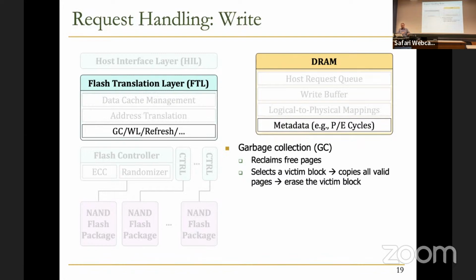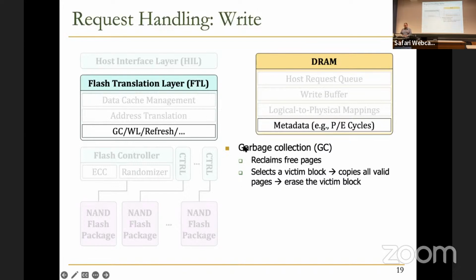Okay, so another operation, here I'm just providing some overview, but we're going to get to all this information later, is garbage collection. Whenever you receive an update, you don't write to the same location. You just pick another free location and you write to that. So at some point, you're going to run out of free locations, right?